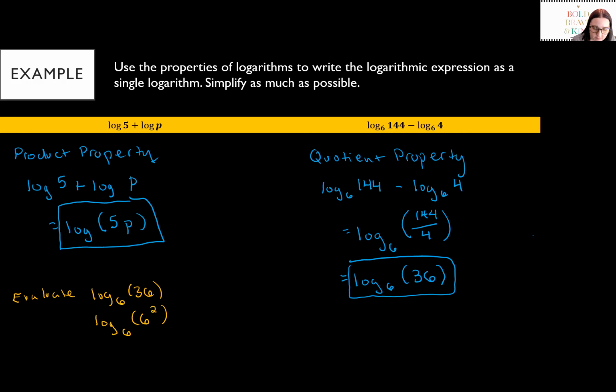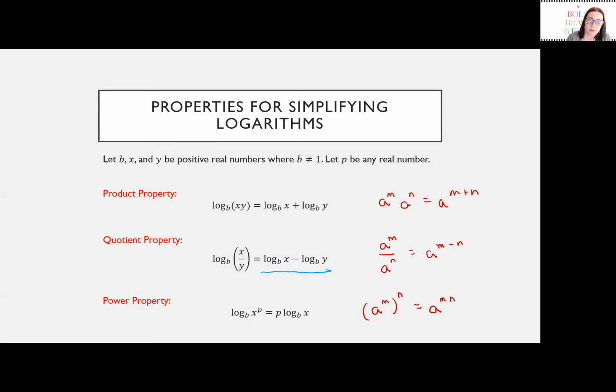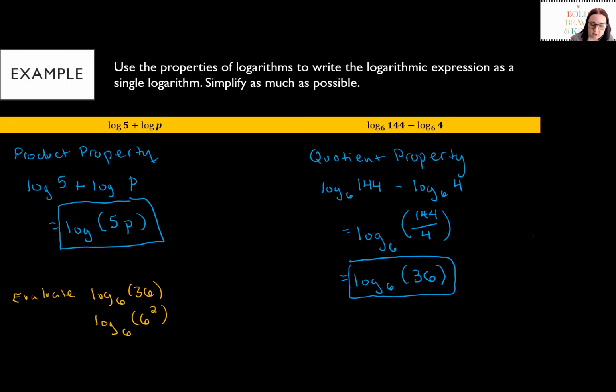Now, one of the properties that we haven't used yet here is the power property, where if you have an exponent, it can go down in front. So what that means is this exponent of 2 can basically be written in front of our log.